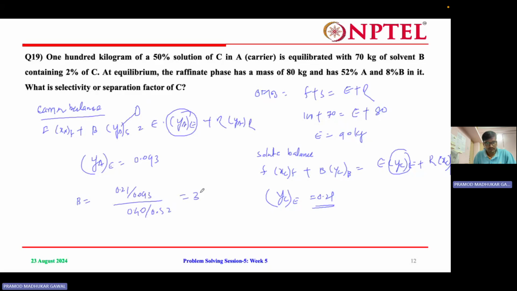So it's 3. So the separation factor is greater than 1, so the separation of this solute from the feed is possible.